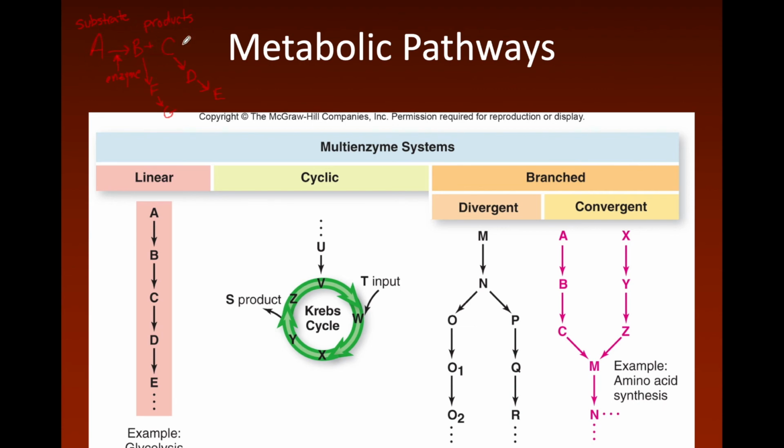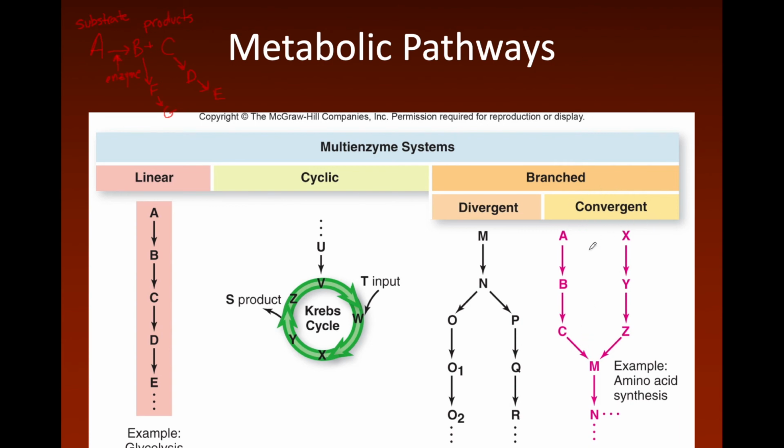And in fact, what I just drew for you is an example of a divergent, branched, multi-enzyme metabolic pathway where some starting compound is broken apart into two products that are then further modified to form some type of product at the end, right?